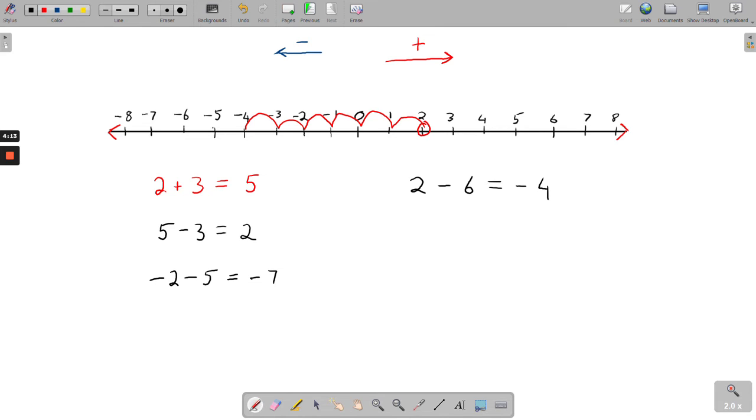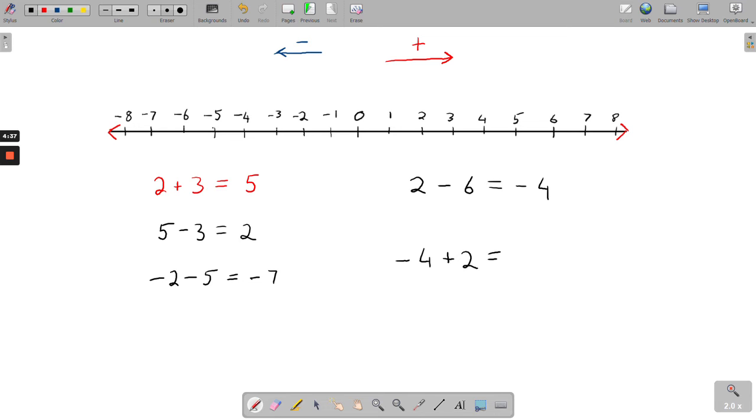So the other one, we're going to go from negative and we're going to move up to positive. So what if I had a negative 4, and I'll just remove this here first. So what if we had a negative 4 and we're going to add on a small positive number.